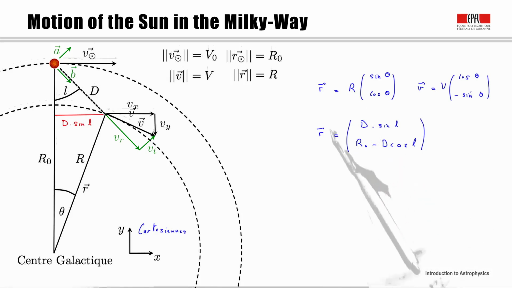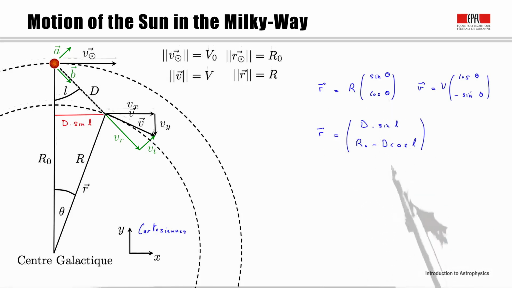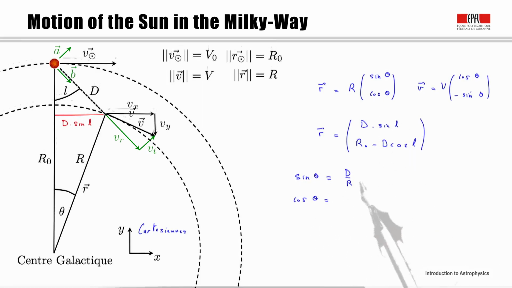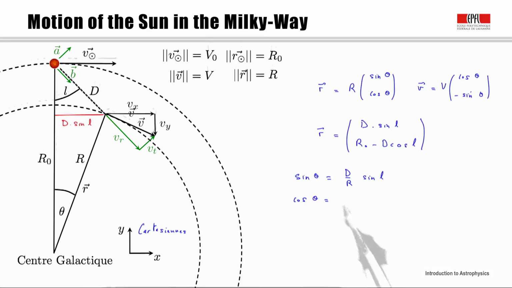Now we have two expressions for r, and it is possible to identify the x and y components of the vector r in order to obtain the expressions for sine and cosine. By identifying the two components of the vector r, sine equals d divided by r sine l, and cosine is equal to r0 divided by r minus d divided by r cosine l.